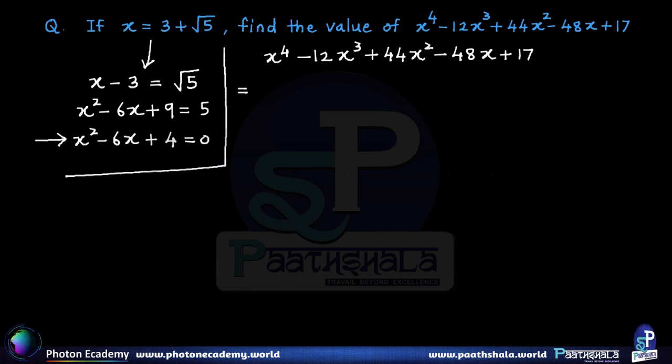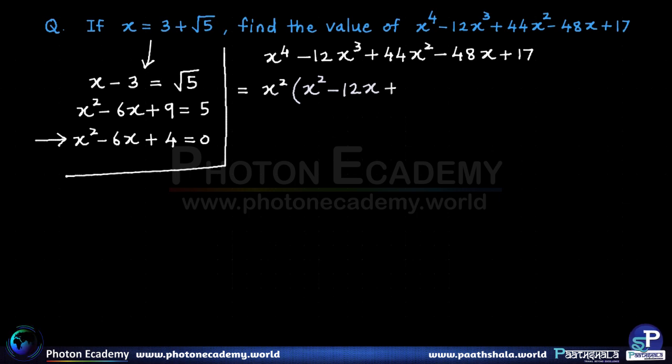Now here from the first three terms we will take x square common, so that gives us x square into bracket x square minus 12x plus 44, minus 48x plus 70.